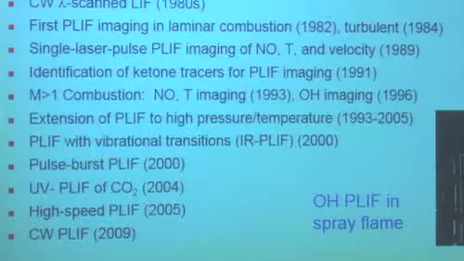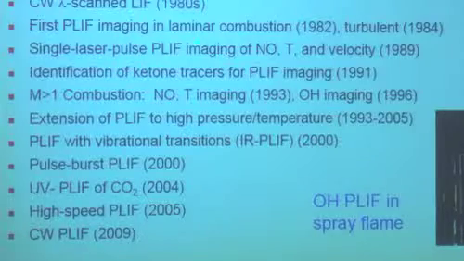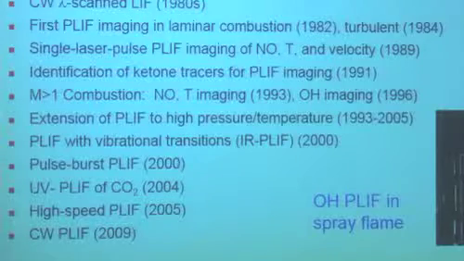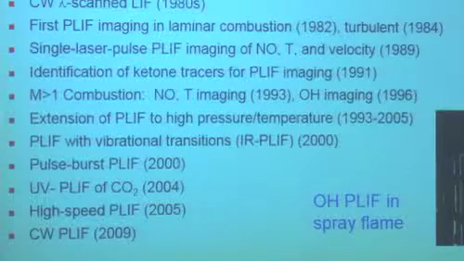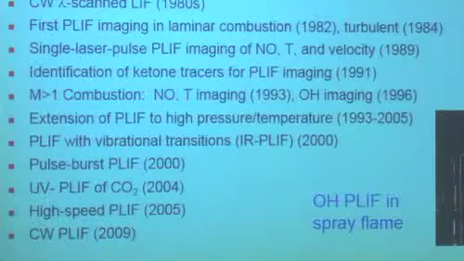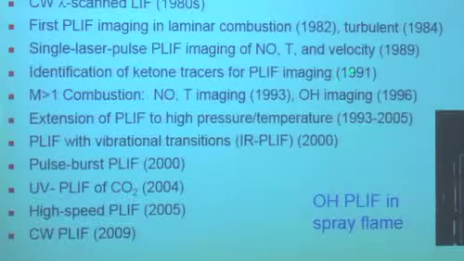These were all mostly combustion generated species except for NO that we would feed in or rely on the combustion generated NO. We got interested in trying to do things the fluid mechanics people would like and identify some tracers that you could use in non-reactive flows. That happened about 1991. And then we got interested in supersonic flows, high pressure flows.